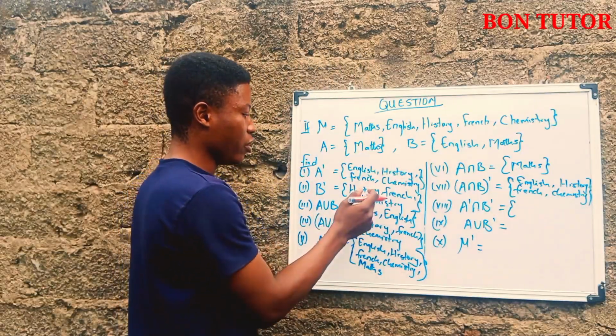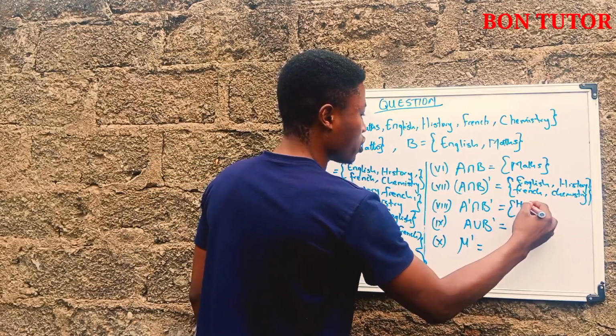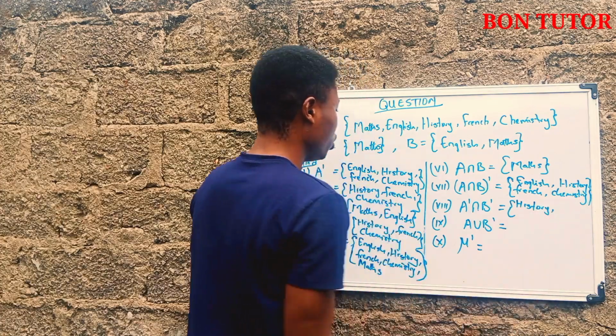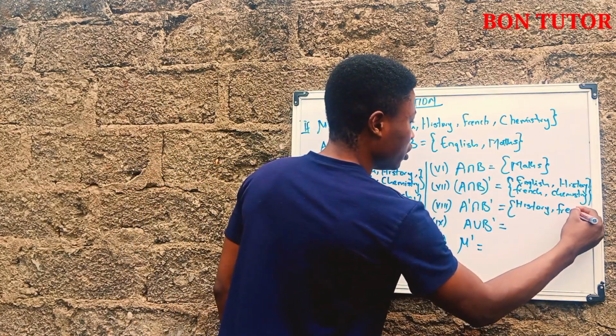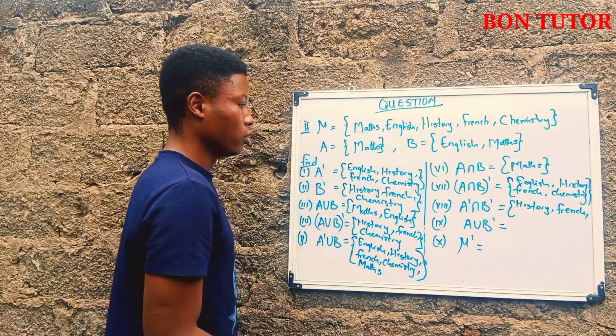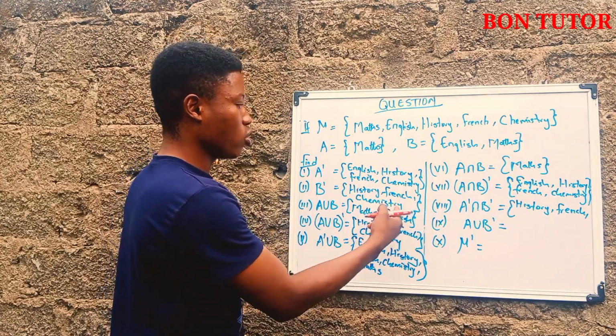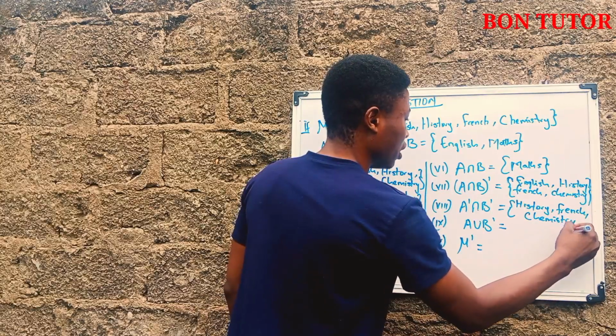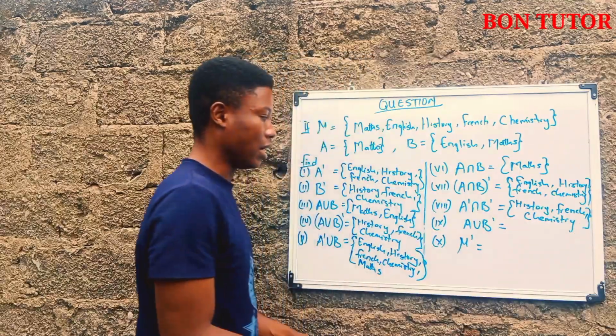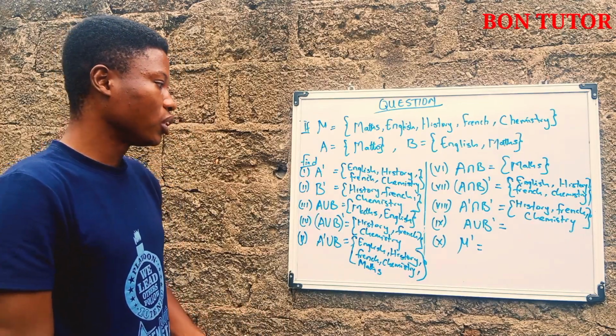You have history here and here, so your first element is history. You have French in both, so the second element is French. Then you have chemistry in both, and the third one is chemistry. Those are the elements common to both sides.